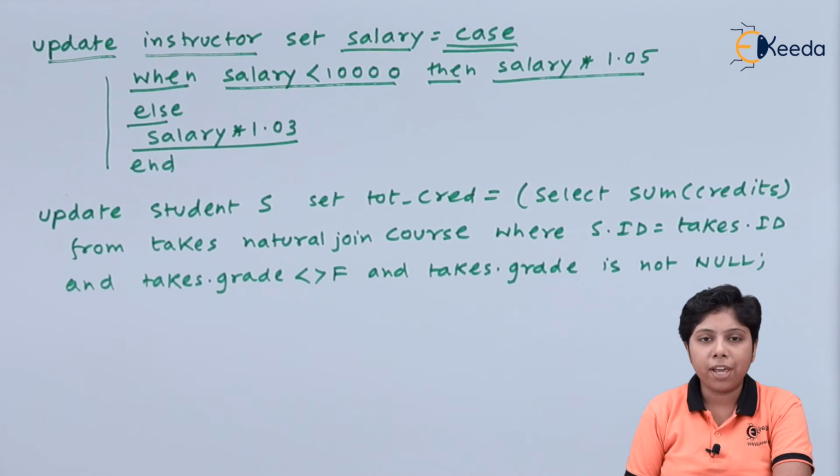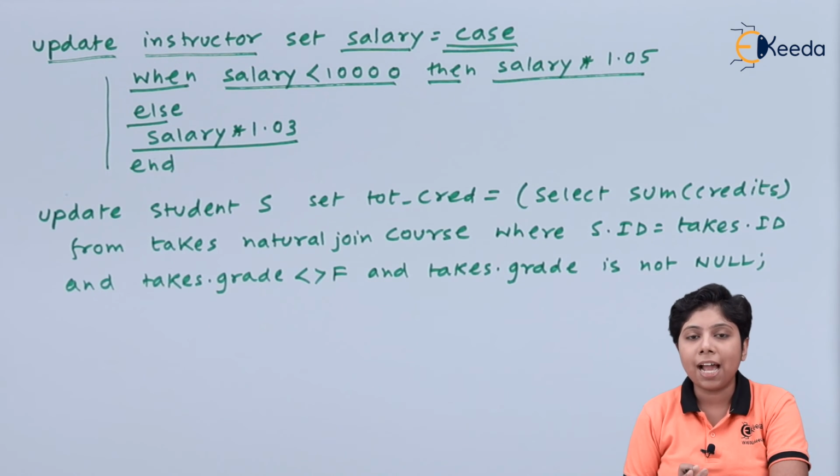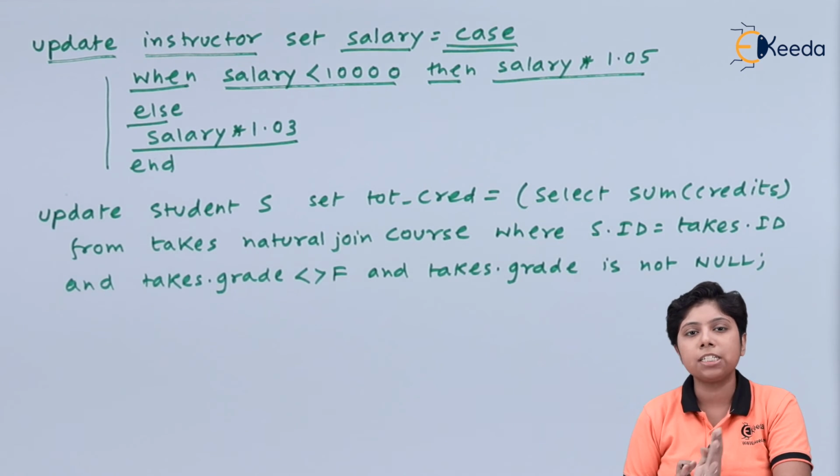I want to fetch and update the student's total credit if and only if the student has successfully completed a course. That means he has not got any F in his grade, he has not failed any subject, and the grade is not left null.